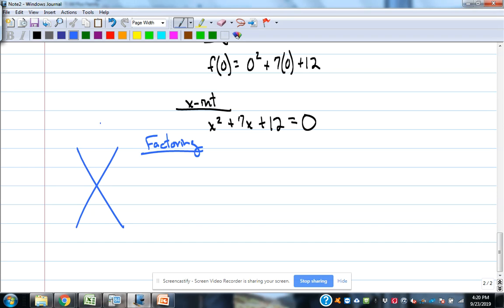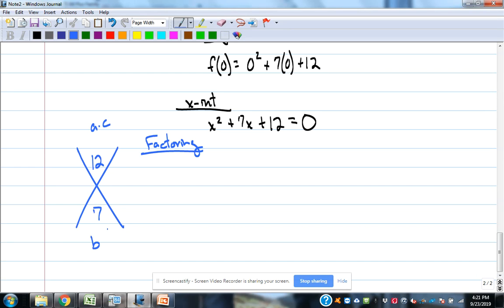You always put that number in the top. A times C is always what goes in the top of the X. And then B always goes in the bottom of the X. In this case, it's +7. Okay, so I'm just trying to organize my thoughts.